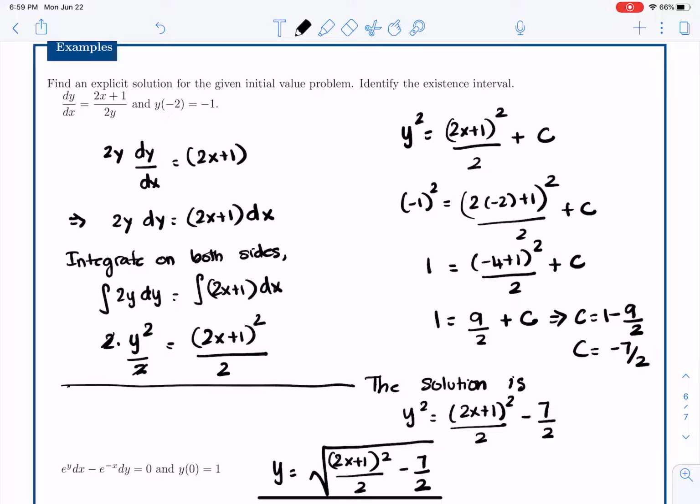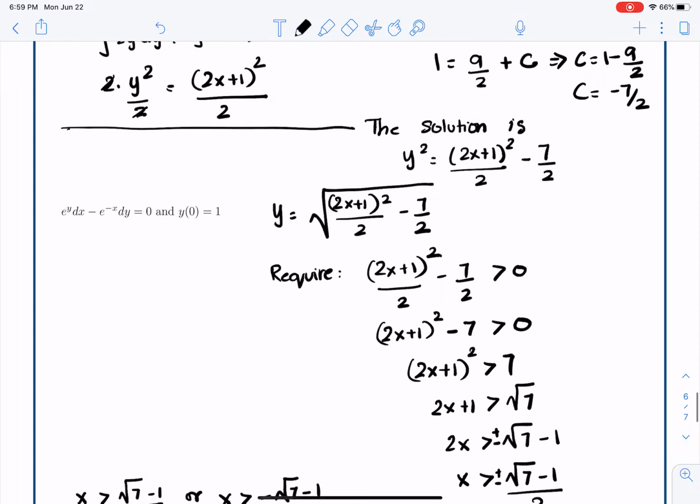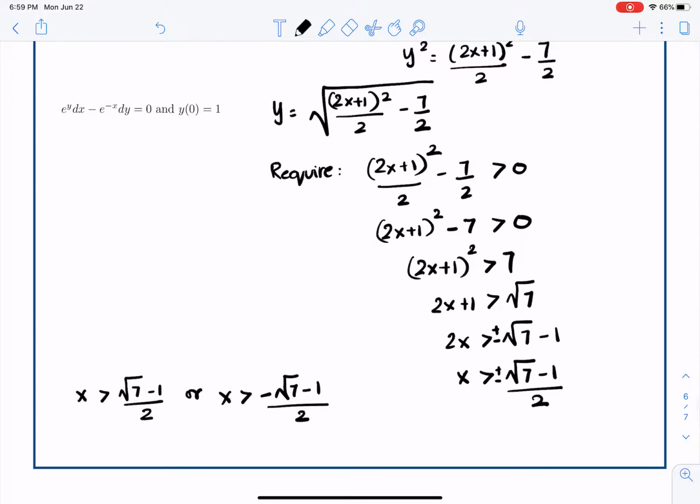So do we have a proper solution to this particular equation? Well, we have an explicit solution, which is what we found.